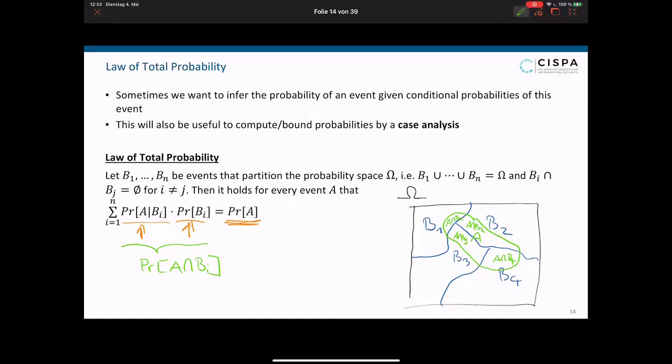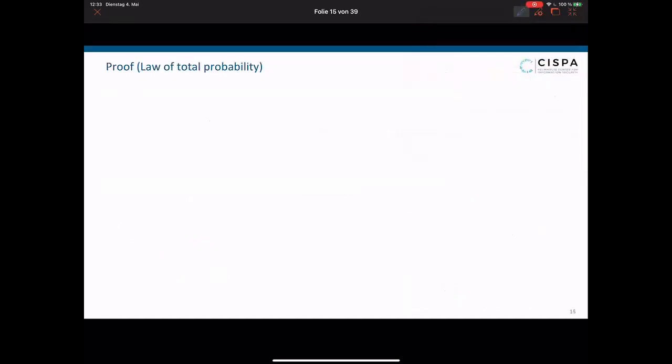let's still do the actual proof just to see how these probability laws that we got to know in the last lecture go into effect.